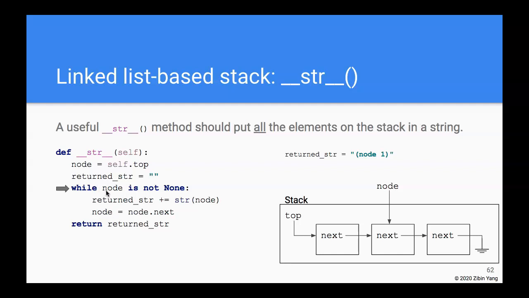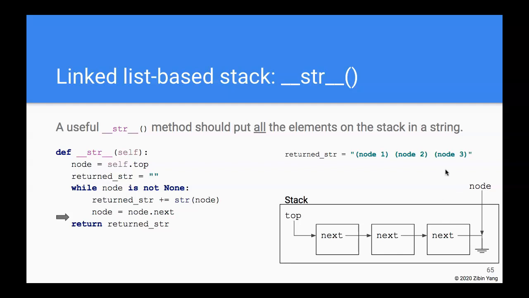It's in a while loop, right? So I'm going to check the condition again and say, hey, is it None? Well, it's not None. So I'm going to repeat what's inside here. I'm going to concatenate the string representation of the next node, node 2, into the return string. And then I'm going to advance the node again to node.next. Now the third node, same thing.